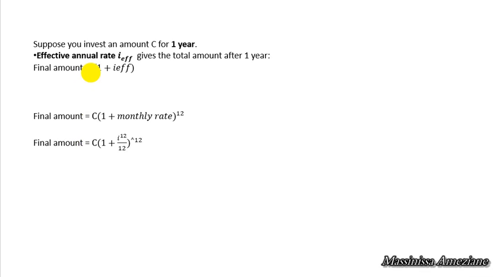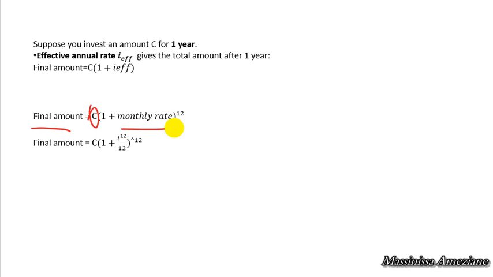And we know that if it is compounded monthly, for example, 12 times a year, the final amount will also be the invested amount times 1 plus the monthly rate, to the power 12, because it is compounded 12 times. As I said, each month you add the interest to the accumulated value.